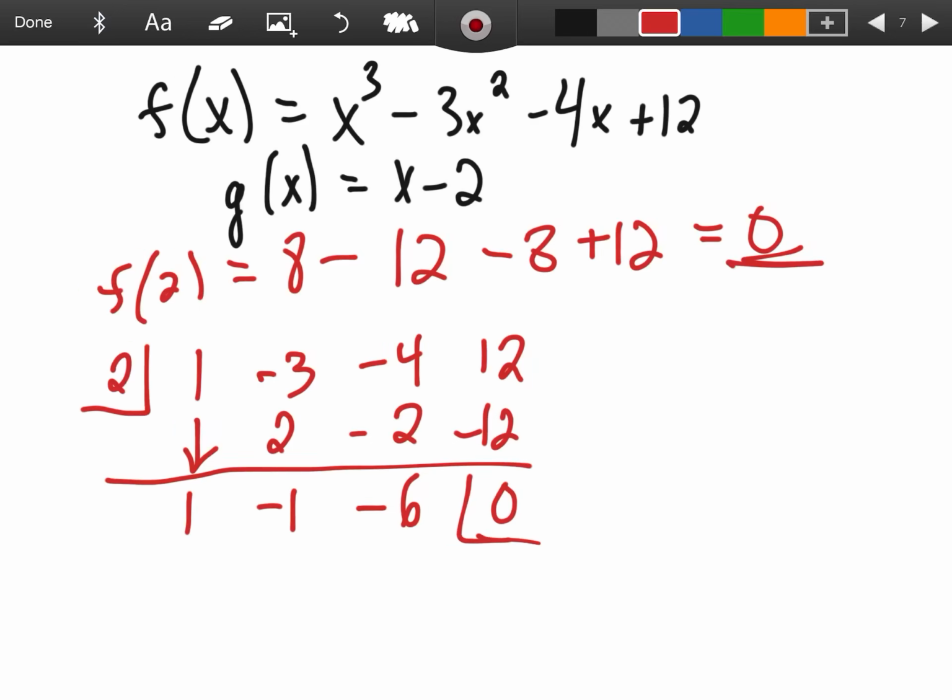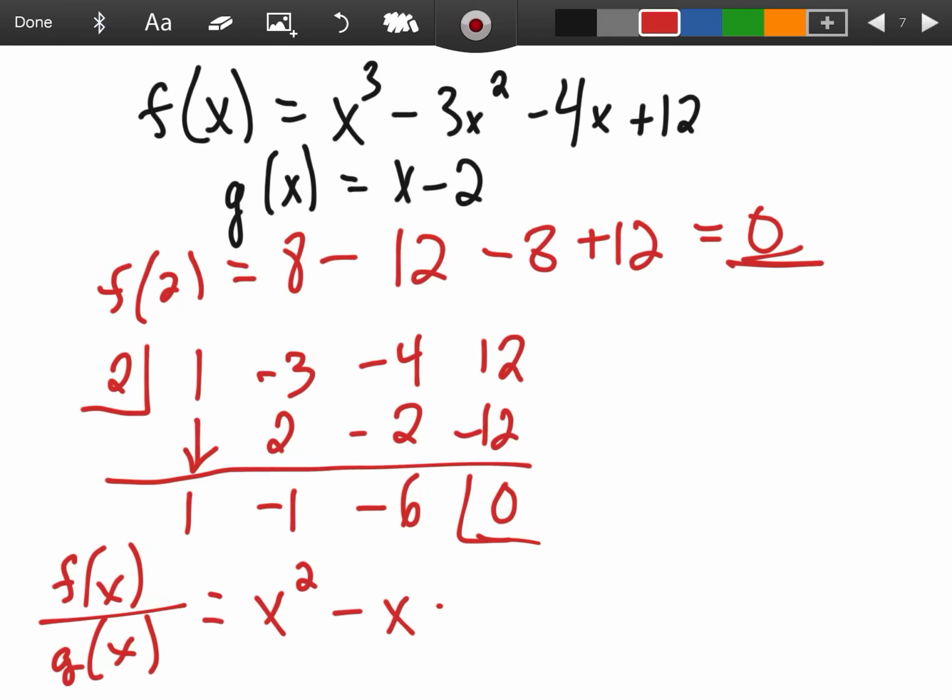So now, let's see. What exactly did we just do? We basically just showed that f of x divided by g of x would be equal to 1x squared minus 1x minus 6.